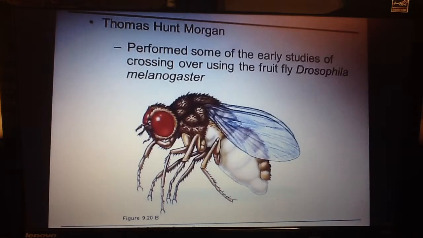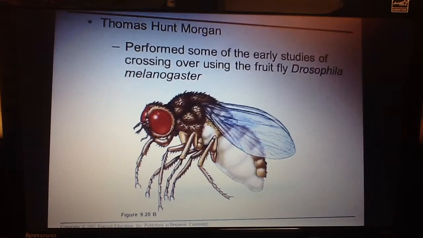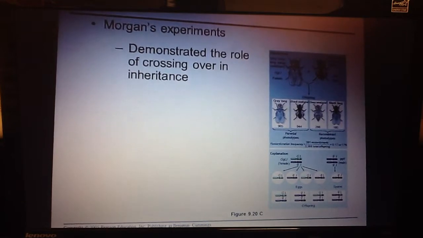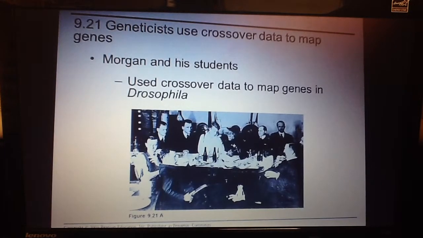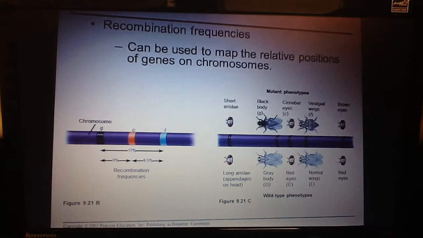There was a famous scientist named Thomas Hunt Morgan, and he looked at crossing over in fruit flies. He demonstrated that crossing over is less likely to occur between genes when they're very closely connected to each other on a chromosome versus when they're further apart. Scientists then used this idea to make a map of the genes and their location.